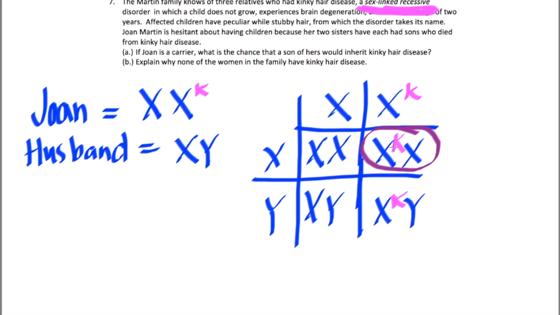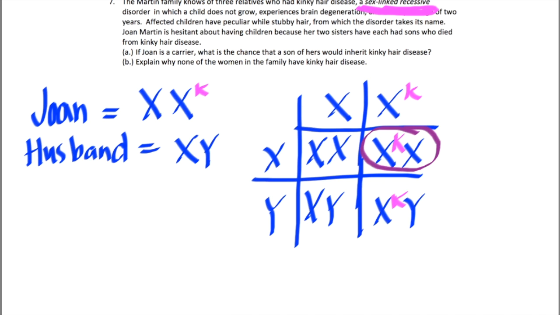In order for that daughter to possess this trait, she would have to have two. She would have to be this, which means the dad would have to give it to her as well. But in this particular situation, the children don't live long enough to produce children. So you wouldn't have that.